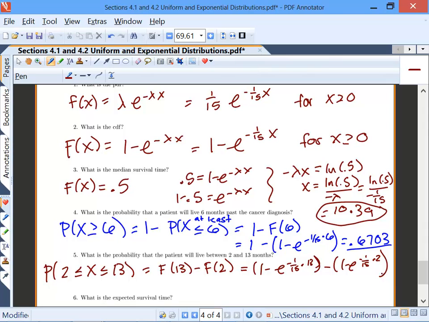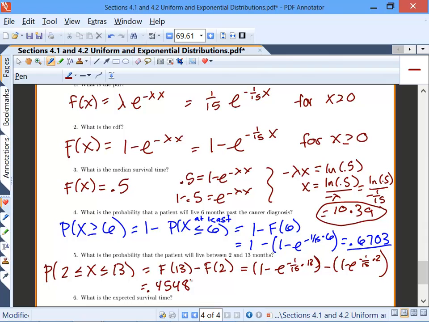Now I need to put them in my calculator. Make sure you put in enough parentheses. So the probability that I will live between 2 and 13 more months is 45%.